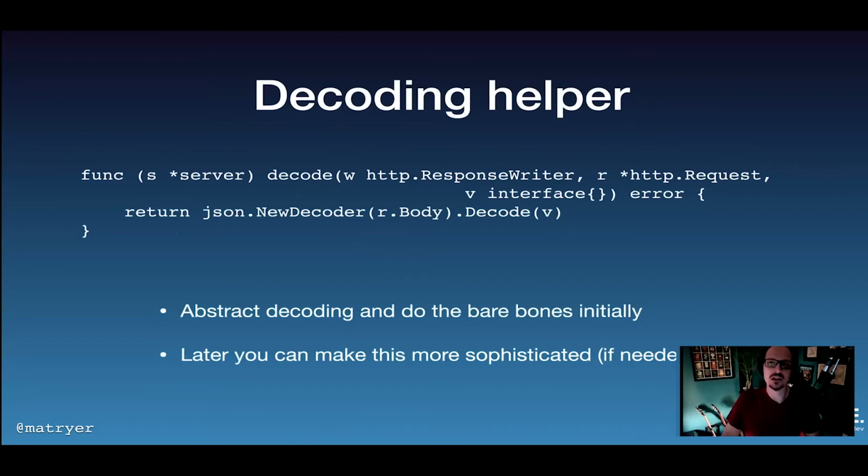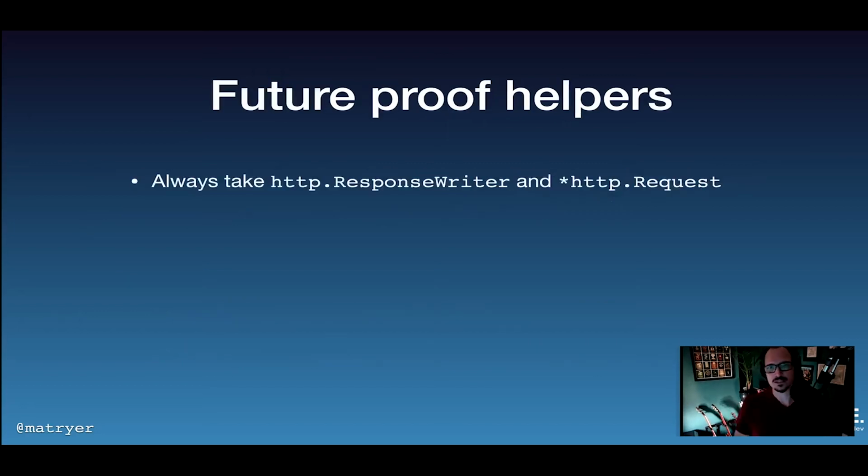So, it's not like you're trying to save yourself from all possible cases in the future. These are really the only 2 types you need in order to be useful. So that's the tip. Always take the response writer and the HTTP request, and that way it becomes familiar across the code base and it future-proofs the APIs.